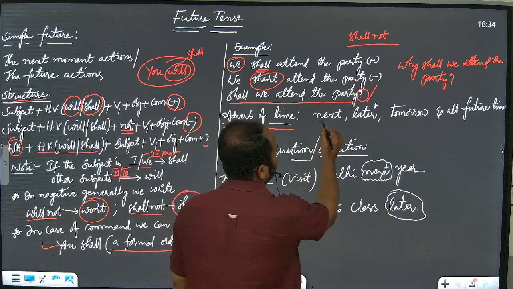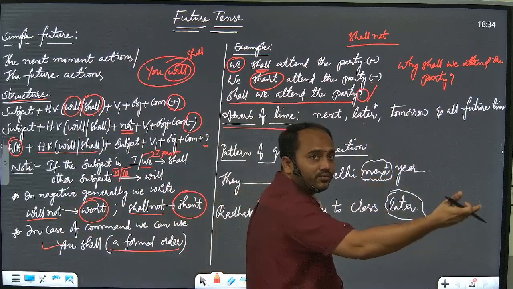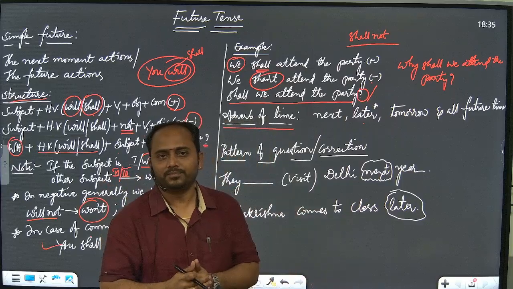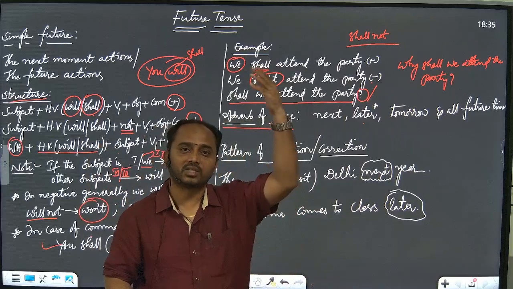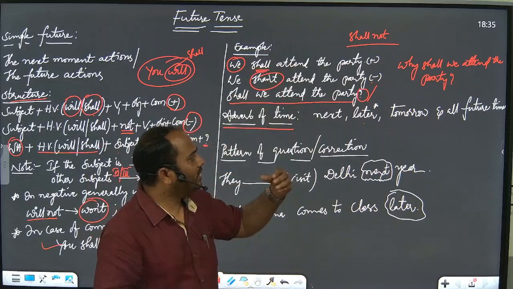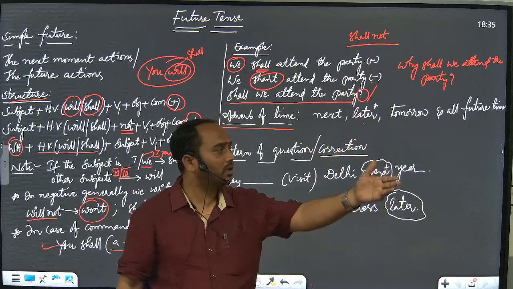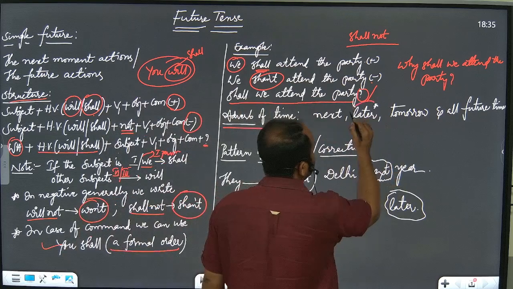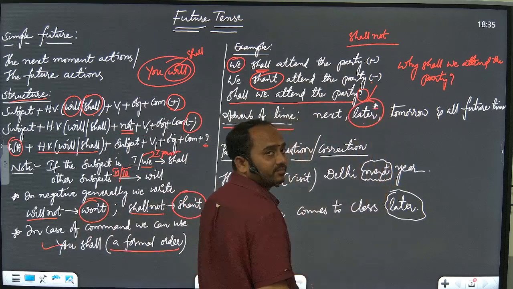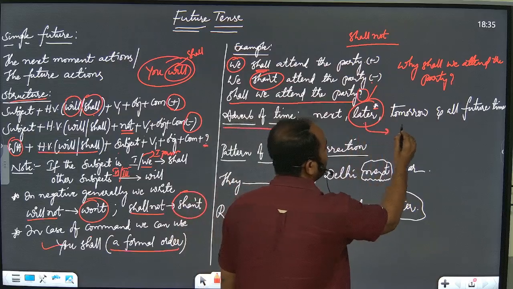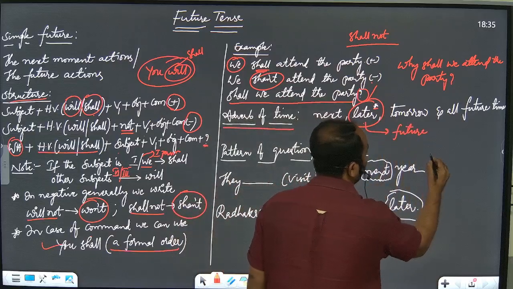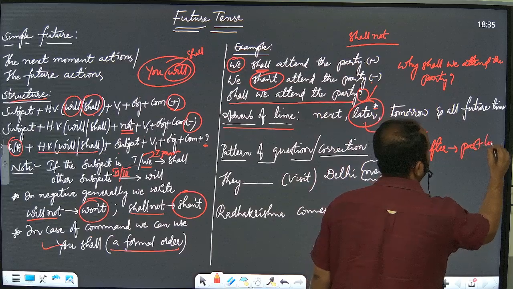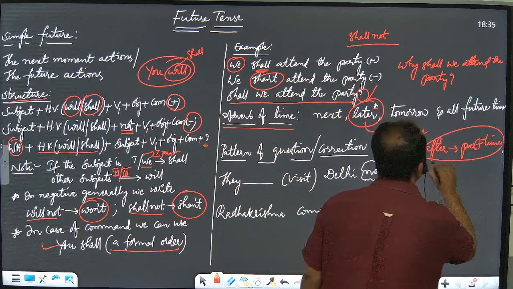Next, later, tomorrow, day after tomorrow, and all the future indicating words like next year, 2027, 2035. Whatever word relates to the future represents the simple future. And here, if you consider this word later, I have kept a star mark. Why? Later always indicates the future time, whereas after indicates the past time. This is useful in the corrections again.